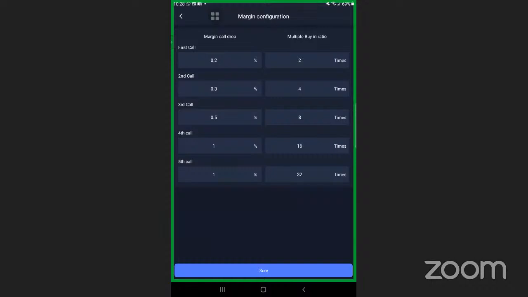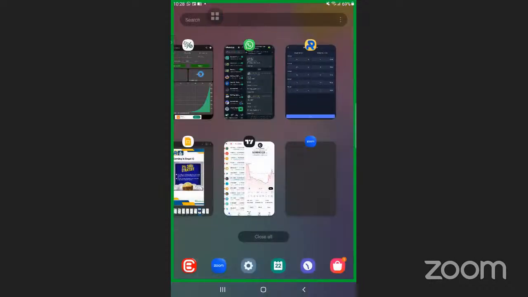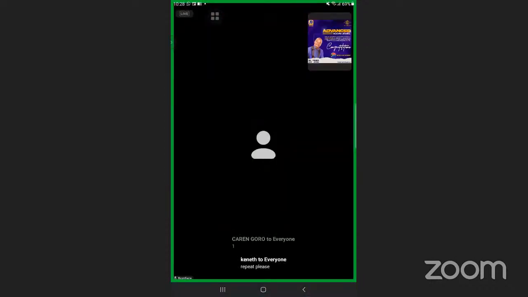How much is our first buy-in amount? If you remember very well, how much is our first buy-in amount? Okay, thank you.